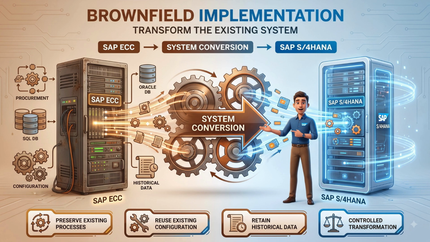For example, imagine a company has been using SAP ECC for 10 years and its existing business processes are still relevant. The company may not want to redesign everything. Instead, it can convert the existing system to S/4HANA and make the necessary technical and functional changes required by S/4HANA.